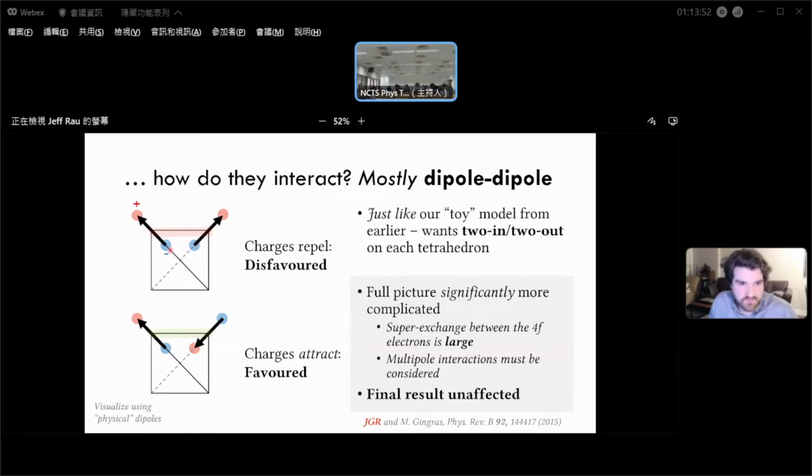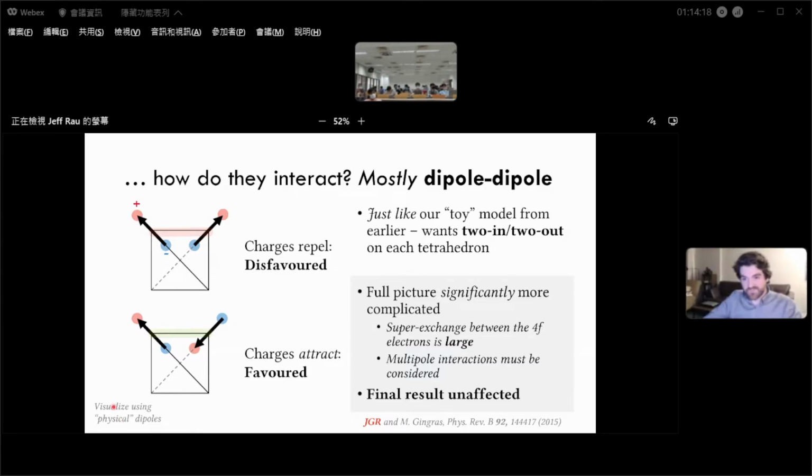If you put two of these spins here, when they're both facing this way, these two negative charges are in the middle. They're going to repel. They're disfavored. When you have them going the opposite way, these two charges are attracted to each other. They're favored. And so in terms of these Ising variables, this is out and out. That's disfavored. Out and in. That's favored.